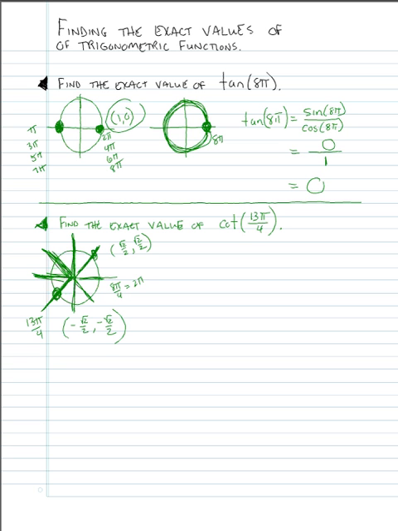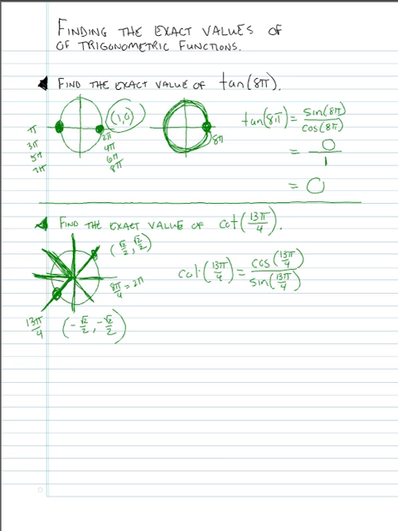Okay. Now that we have that information, what's the cotangent of 13 pi over 4? Well, what we would want to remember is the way we calculate cotangent is we take the cosine of the angle, so it's the cosine of 13 pi over 4, divided by the sine of the angle. That's the sine of 13 pi over 4.